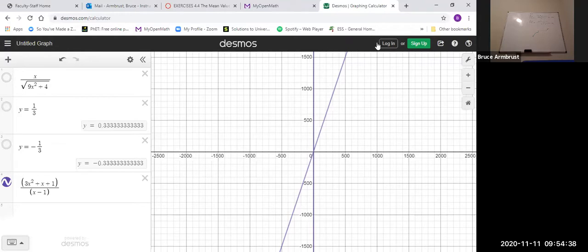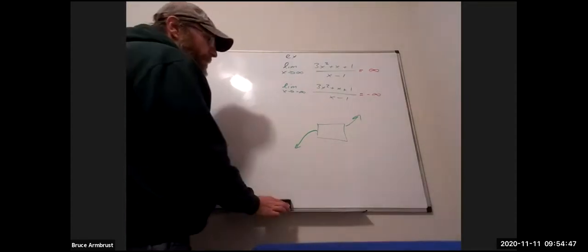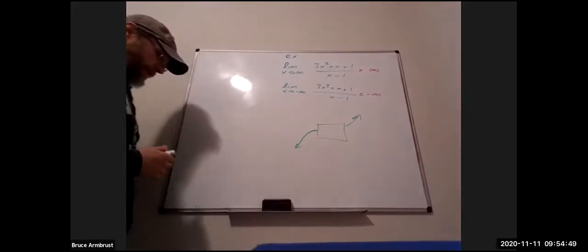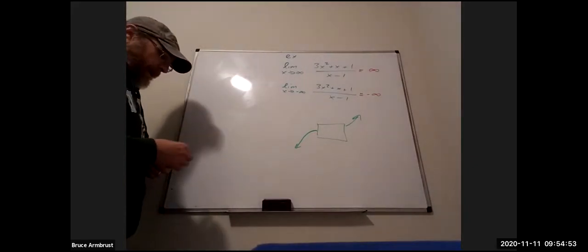Well, let's see if we can go find it. So I'm going to pop back here to the whiteboard. All right, so it definitely looks like there's an asymptote. And this type of asymptote goes by two different names.